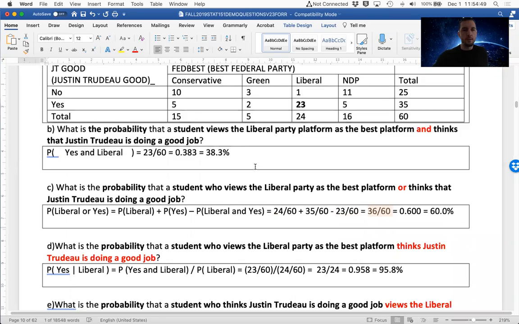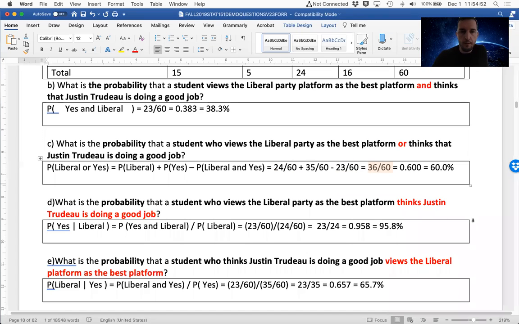All right, in part D, we have, what is the probability that a student who views the Liberal Party as the best platform thinks Trudeau is doing a good job? So this is a trickier question because the language makes it harder to understand what direction the condition is working in. So when we read part D, first off, we have what is a probability? Whatever.